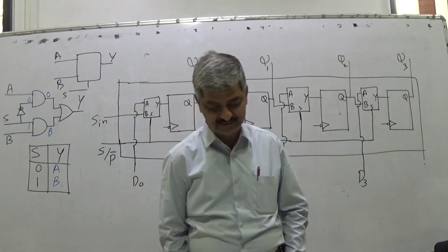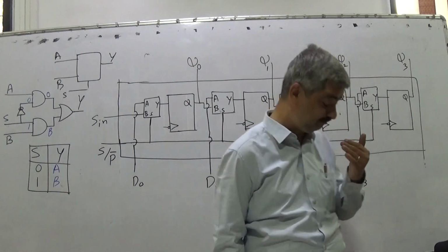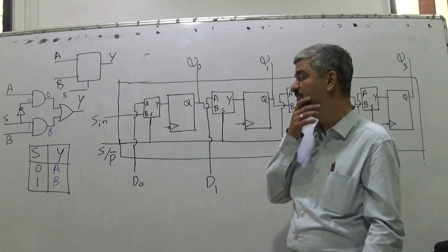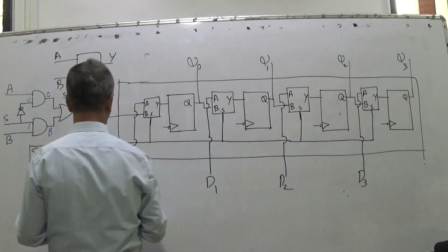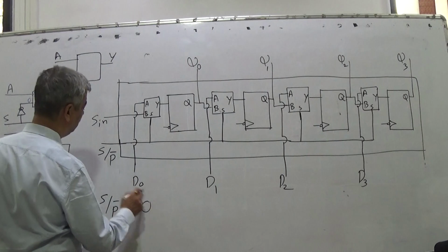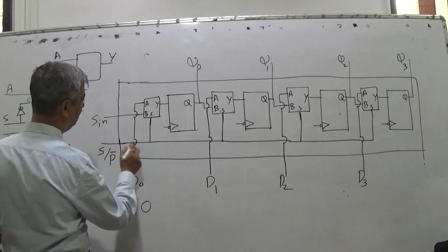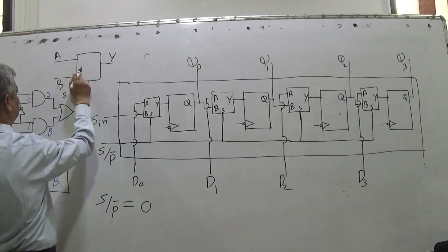When the pin S/P bar is 0, what will happen? This will be the select inputs of all these multiplexers.